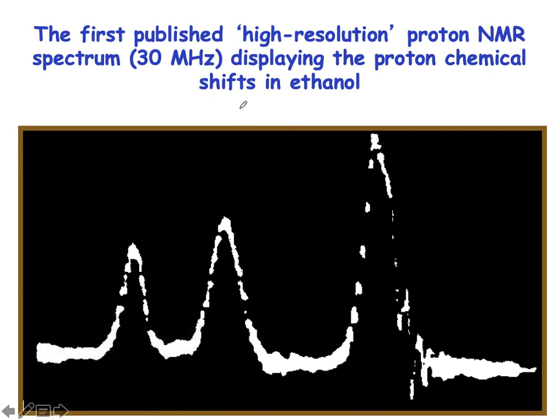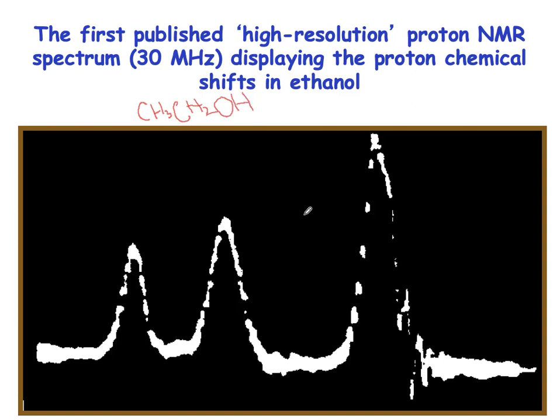Ethanol contains CH3, CH2 and OH. So this is the formula of ethanol.